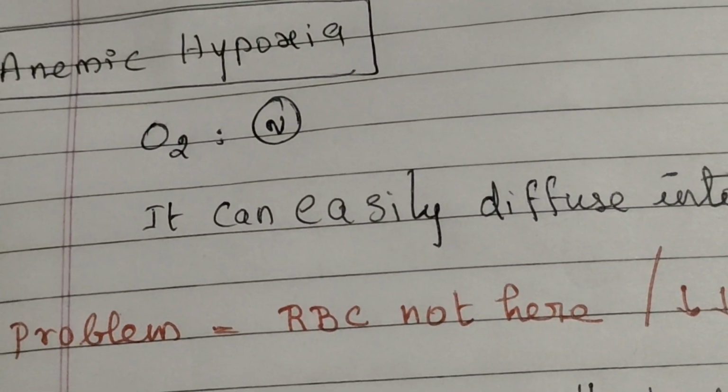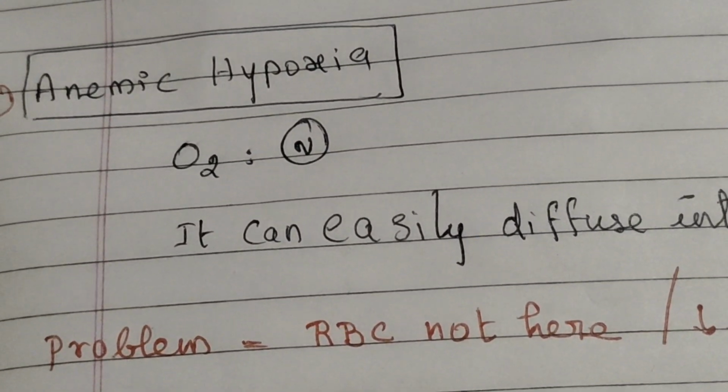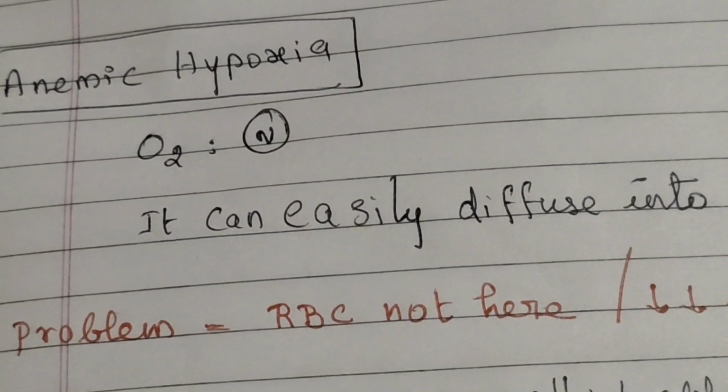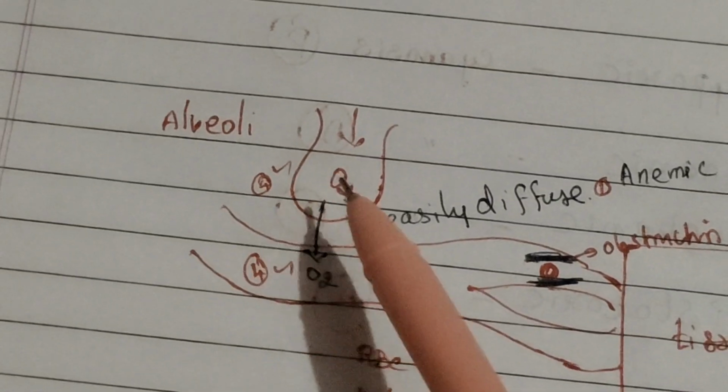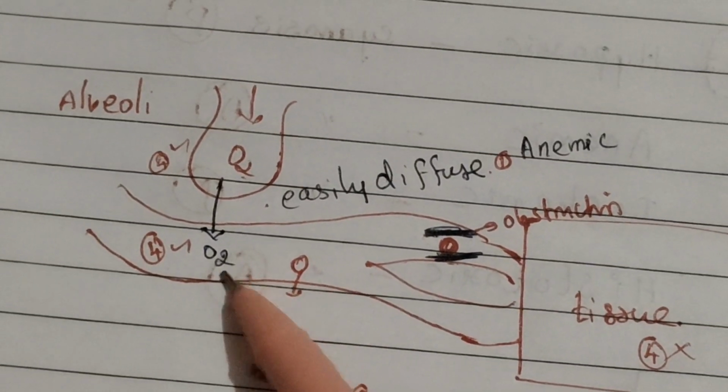Next is the second condition, anemic hypoxia. In anemic hypoxia, oxygen is normal, so it can easily diffuse into the blood vessels.